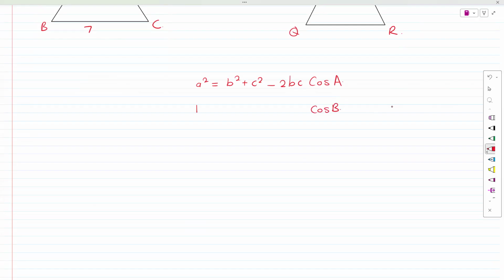B squared equals a squared plus c squared minus 2ac cosine B. And the same with cos C: c squared equals a squared plus b squared minus 2ab cosine C. That's the basic formula.